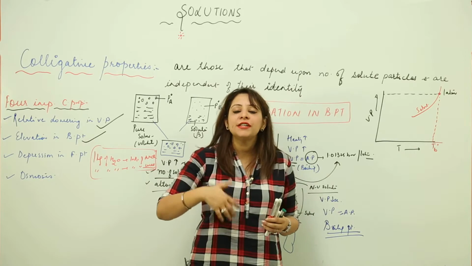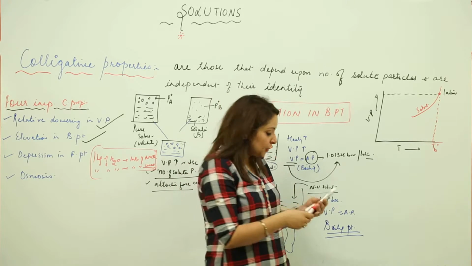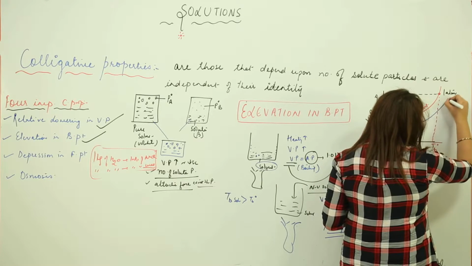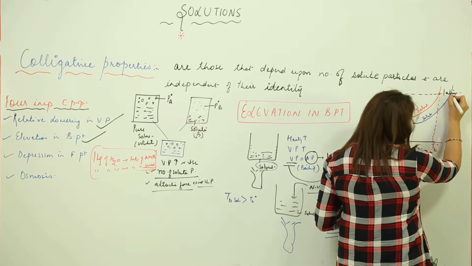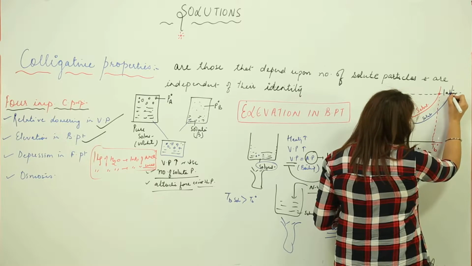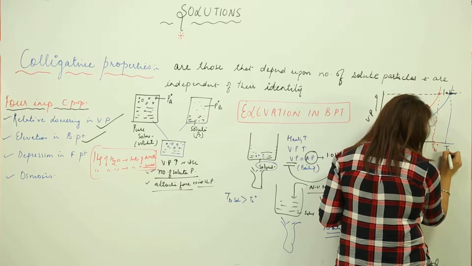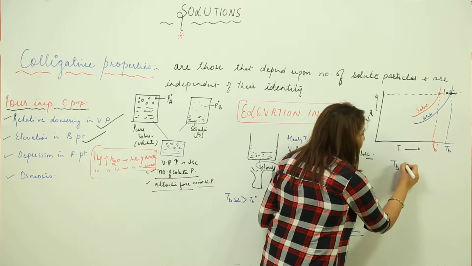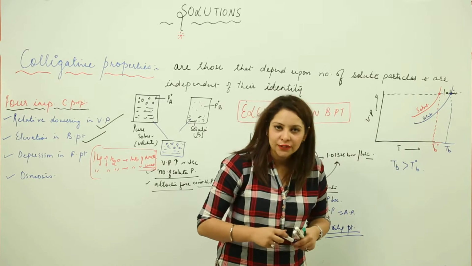But for solutions, the vapor pressure is comparatively less, so the graph looks something like this. Their vapor pressure becomes equal to atmospheric pressure at this temperature, let us call it Tb. As you can see, Tb is greater than T naught b. This indicates the elevation in the boiling point.